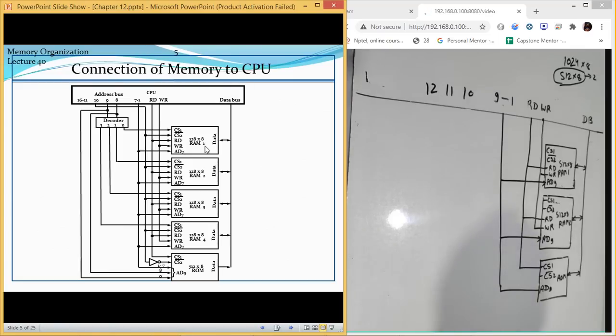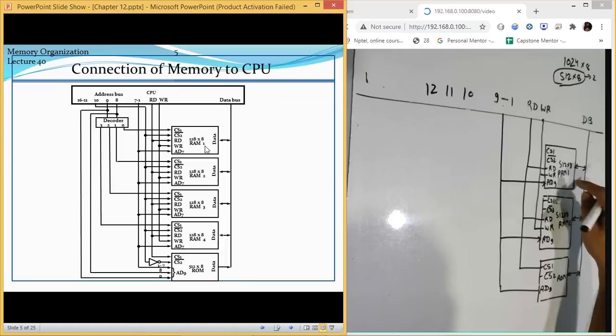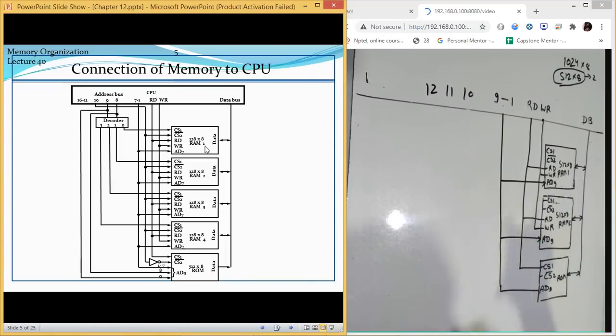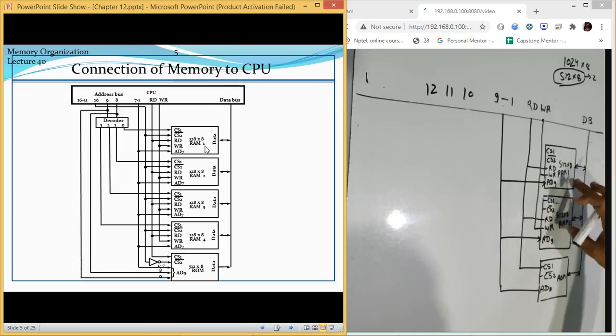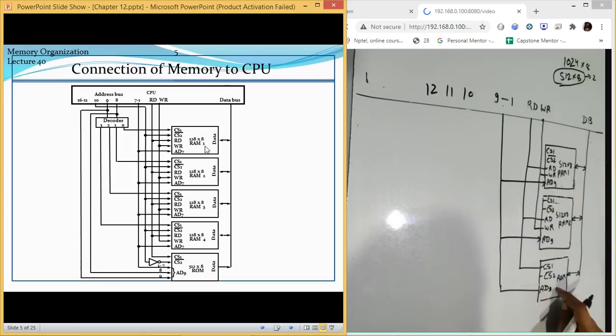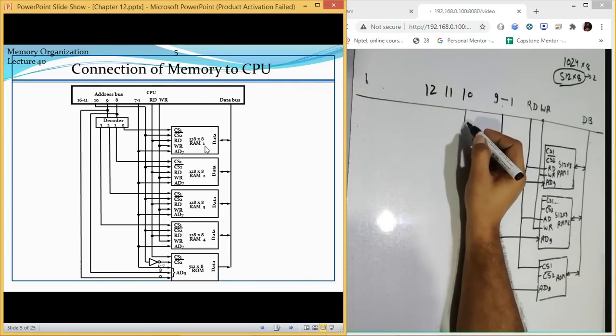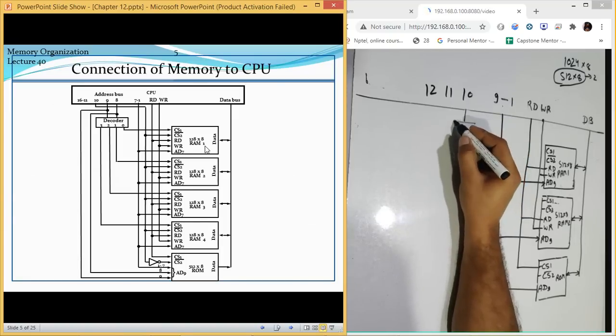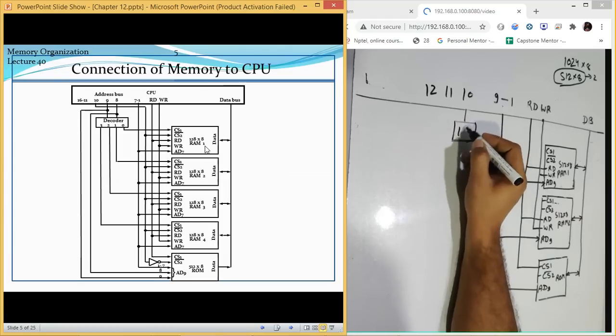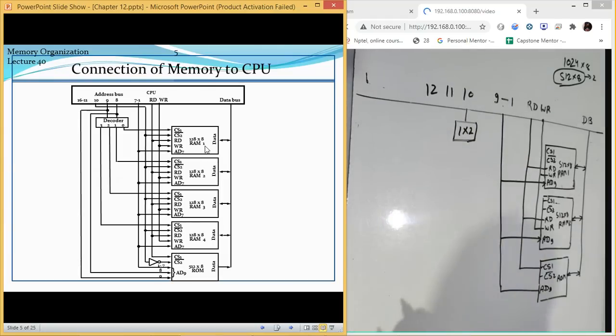In this case, we only have two decisions to make. First one is out of these two, which RAM chip is going to work, and the second decision is out of these two or this one, which will work. Now either you can use a 1:2 decoder at this place for the 10th bit, or you can use a NOT gate. It is up to you whatever you want to use.